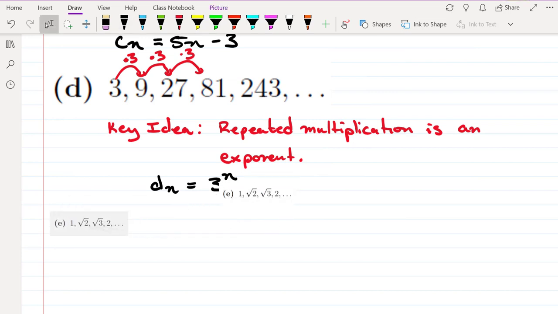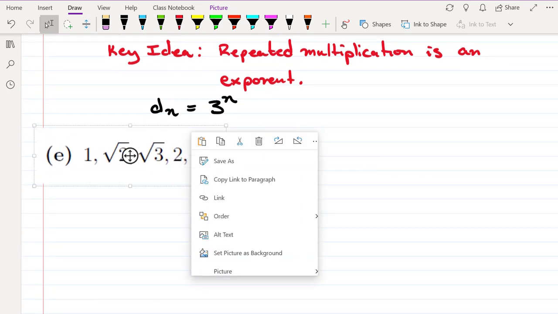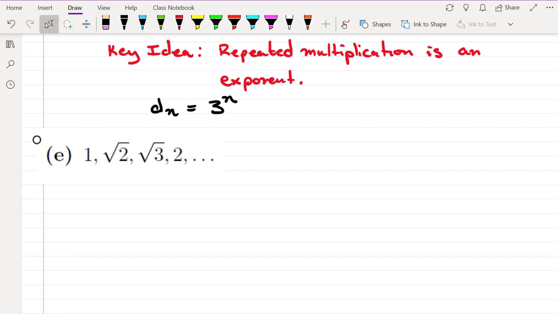So this time, when we look at it, we try to see if we're adding the same thing every time, but that doesn't appear to be the case. And if we try multiplying, well, 1 times the square root of 2 is the square root of 2, and the square root of 2 times the square root of 2 gives us 2, but the next term is supposed to be the square root of 3.